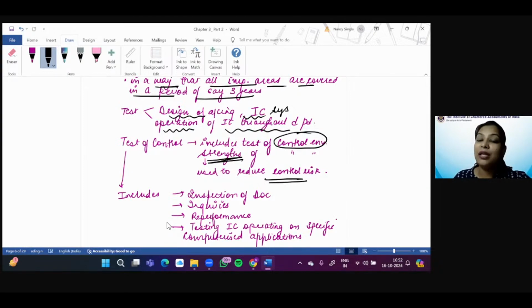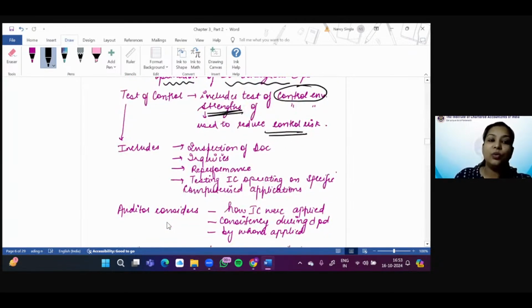If you remember, in control environment, we have the second point that there should be strength in the components of control environment so as to provide an appropriate foundation for the other components of the internal control. Remember? So he'll see that also.